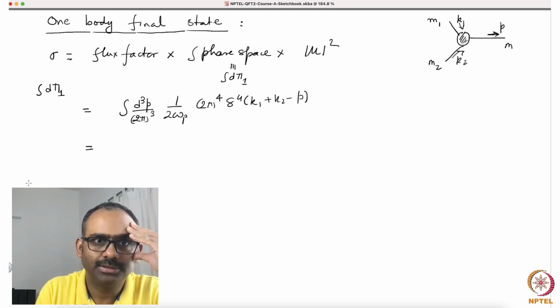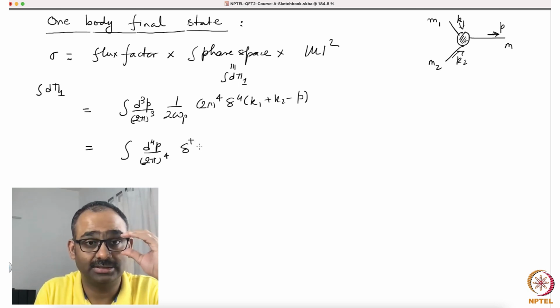So this is a Lorentz invariant object, and we have seen earlier that we can write this as d4p over 2 pi to the 4, then delta plus, and the plus means that the energy component is positive, delta plus of p square minus m square.